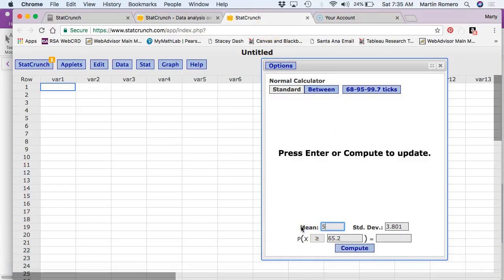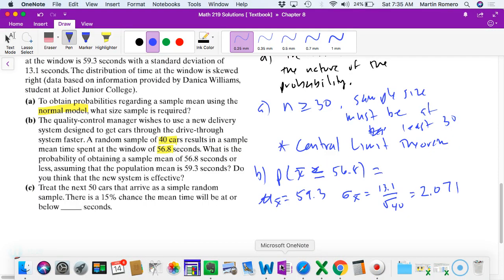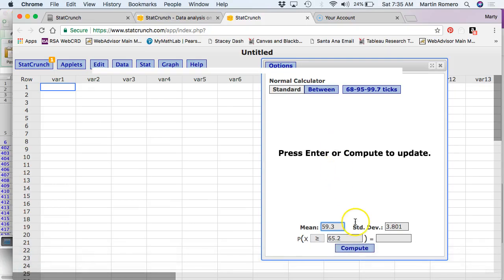The mean was 59.3 and the standard deviation 2.071.